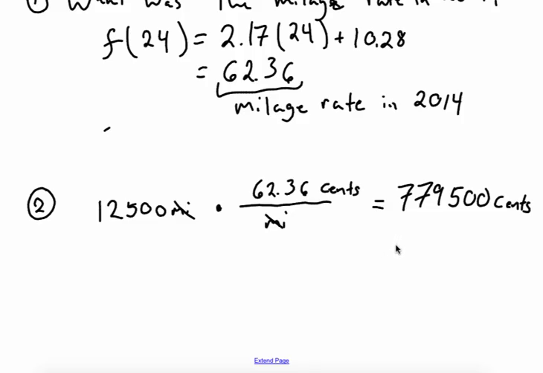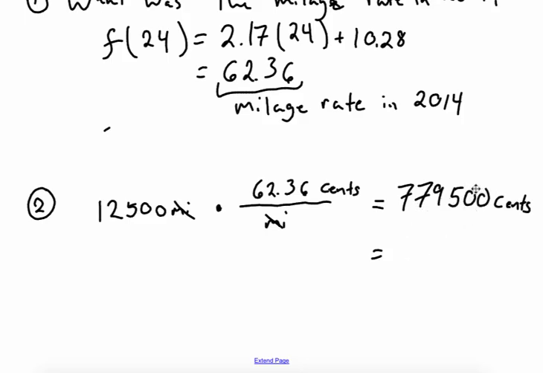So maybe just to make this make sense to us, we should probably figure out how many dollars that will be. So we need to reinterpret that not as pennies but as dollars. There's 100 cents in every dollar, so this would be 779,500 divided by 100.